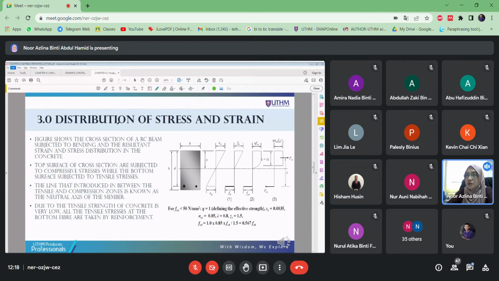All right, so for beam cross sections, once we come out with the stress and strain distribution, it will be like this. The value here is actually from the strain gauge, which you can plot as the strain for concrete.